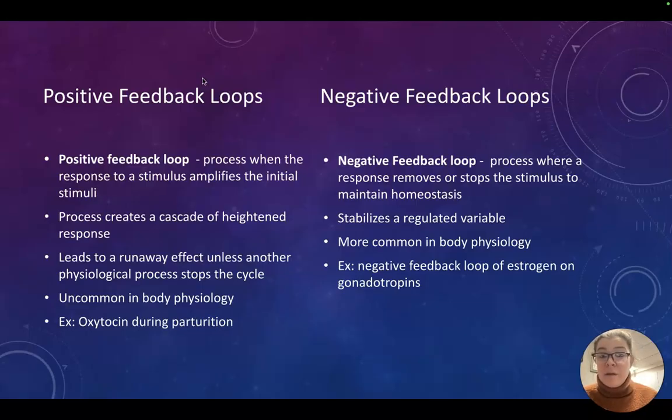It is more commonly occurring in the human body. Another example of a negative feedback loop is one which occurs during the menstrual cycle, when the feedback loop of estrogen acts on the gonadal steroids.